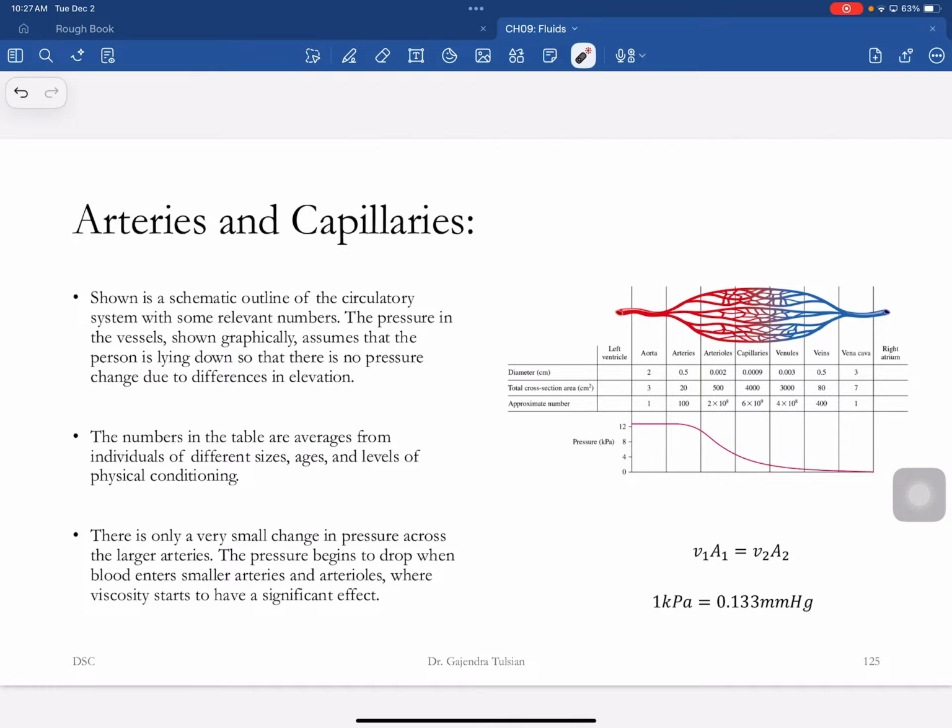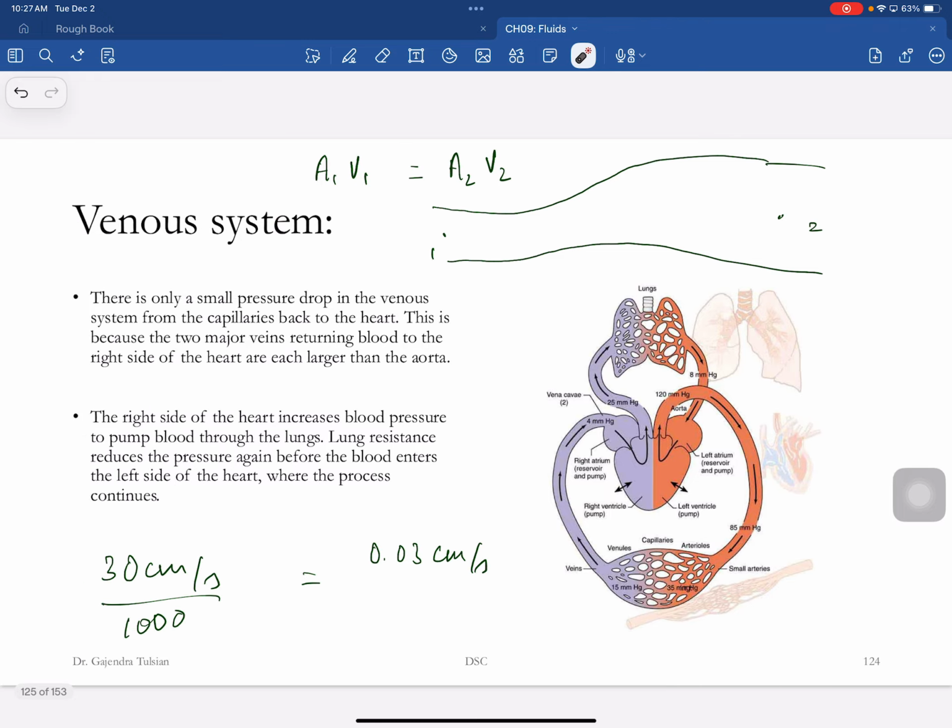And then there's another purpose. When the blood is flowing through the capillaries at that speed, and each capillary is about 1 millimeter long, the time spent in the capillaries is about 5 seconds.